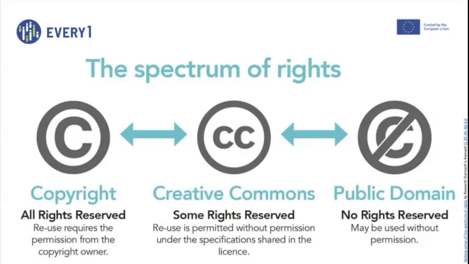So as I mentioned, there are 6 different types of Creative Commons licenses, and they all give you permission to do different things with the resource that the license is applied to. So we'll take a look at those in a moment. And you can also see here on the right-hand side, materials that are available, no rights reserved, and these are in the public domain.